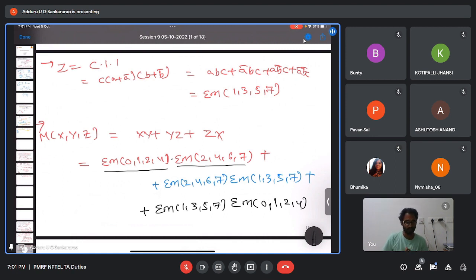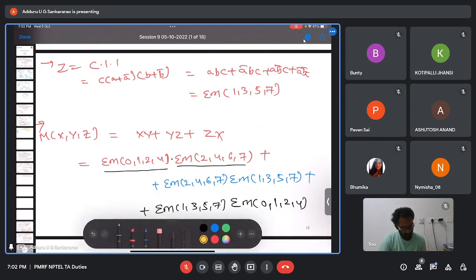When there is an AND operation, the minterm should be present in both of them, then only we will get it. So what are the minterms common in both of them? 2 is common in both of them and 4 is common in both of them. Only those minterms will be present and all other minterms will vanish.